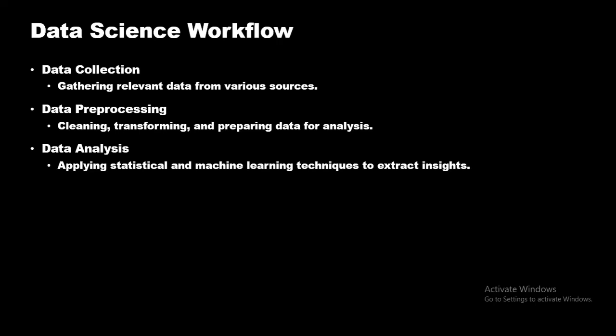Then we have data preprocessing. Now, after getting our data, in most cases we have missing data. Missing data is sometimes referred to as none or nil. So none or nil is just a place where you have no values at all. So you would actually clean that out from your data sets, and then you remove outliers.